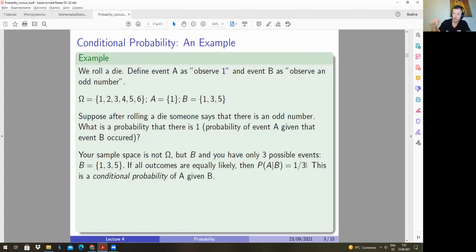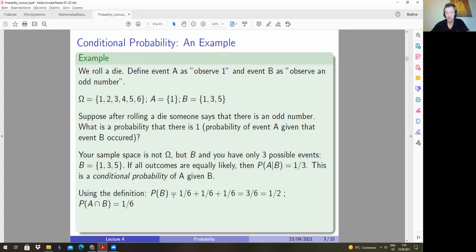Now let's go back to the formula from the previous slide. How should we apply this formula to calculate the same result, 1/3? The probability of B, as you correctly said, is 1/2 or 3/6. The probability of A and B together is 1/6, right?